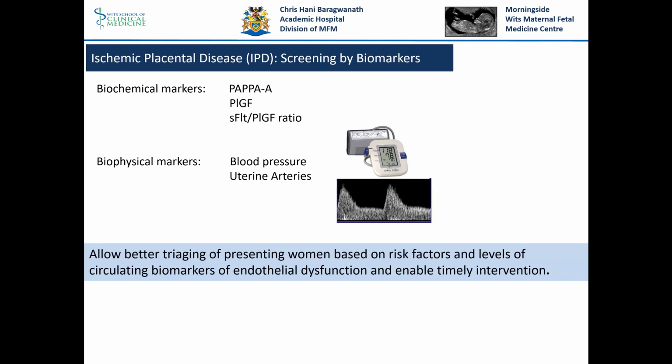And the biophysical markers, which is essentially the blood pressure and looking at the uterine arteries. And by doing so, early in the pregnancy, we are able to classify low risk and high risk, and those who are high risk, obviously, with appropriate medication, we may succeed in having a good outcome. Even if it's not a full-term 3.5 kilogram baby, will have a good outcome.